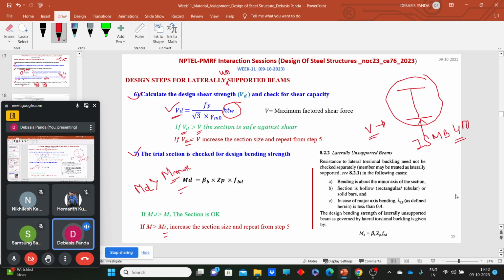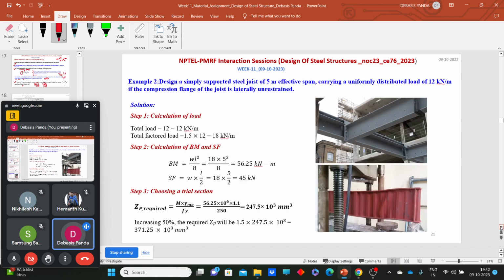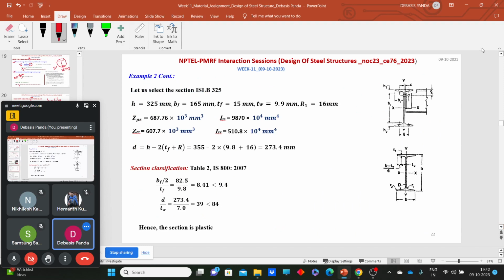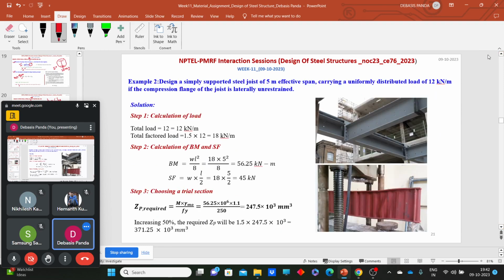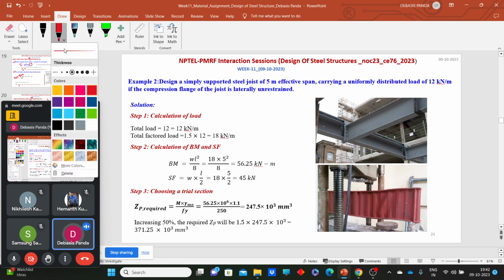So let's quickly design one laterally unsupported beam so that these concepts will become clearer. Here is one example: design a simply supported steel joist. Now you know what a joist is. They are the beams in a steel building which support the floors.